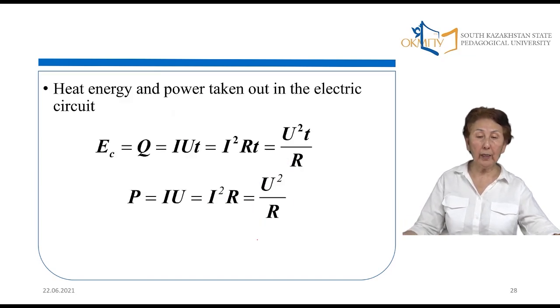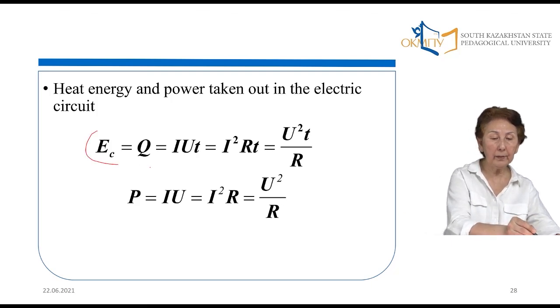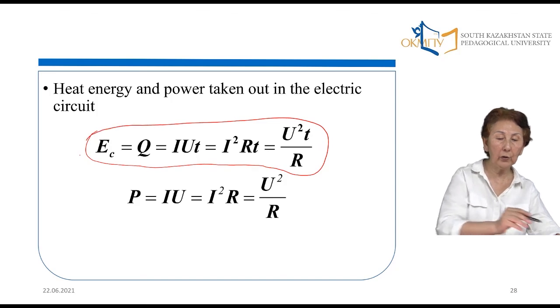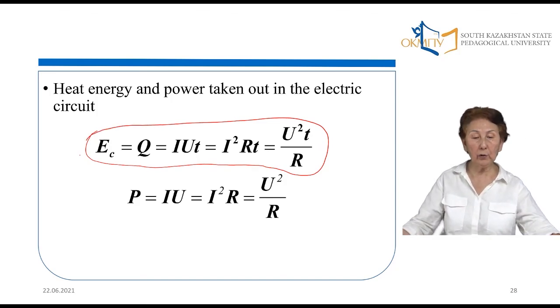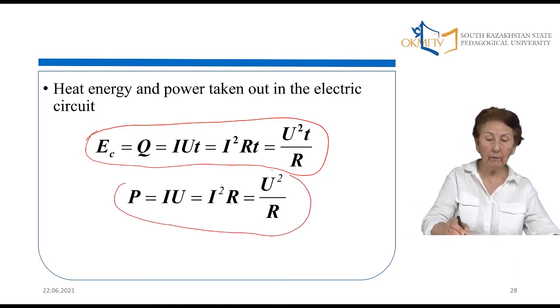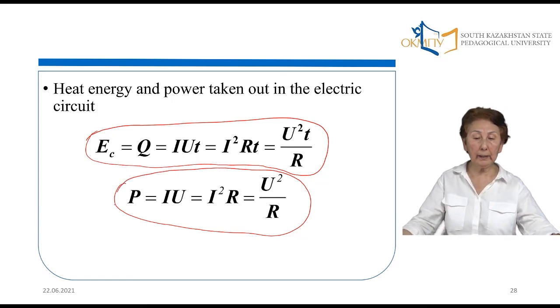Heat energy and power taken out in the electric circuit are defined by these expressions. These are the expressions for the heat energy taken out in the electric circuit, and that is the expression for the power. And the power does not depend upon the time.